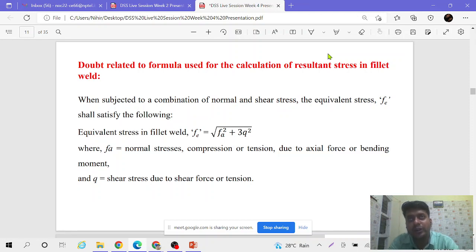Means what you want to know in these clauses? Because when I have read these clauses, they mention in what cases we should not consider the effect of the equivalent stress. So I didn't get your question, what actually you are expecting. Means, sir, when the cover plate and the flange plates are joined by the side fillet weld, I am not able to visualize it. Okay.